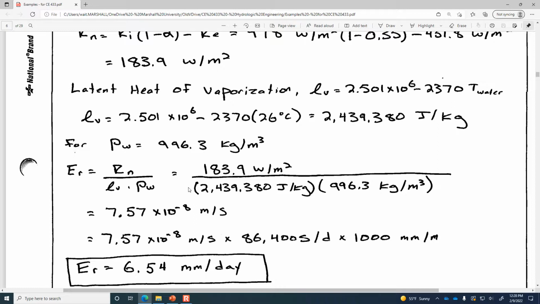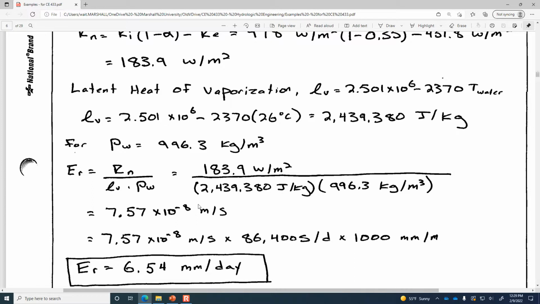Down in the denominator is the latent heat of vaporization and the density of the water. So it's going to be a really low rate since we have units of meters per second. But then when we multiply it by the number of seconds per day, the scale of it starts to make sense a little bit more.